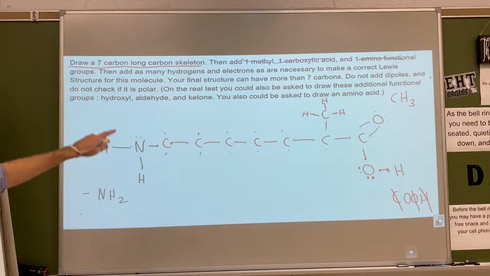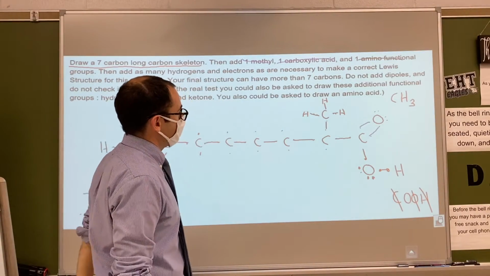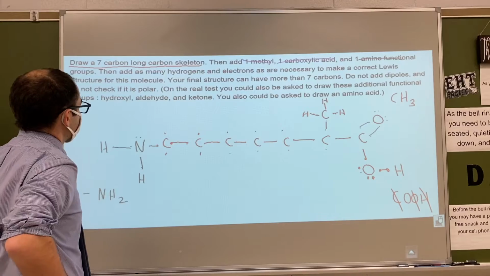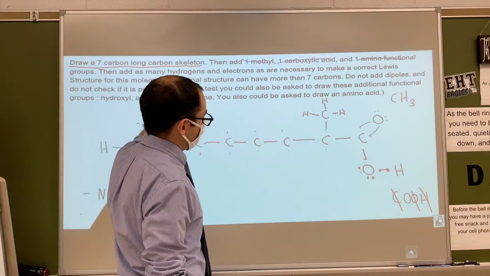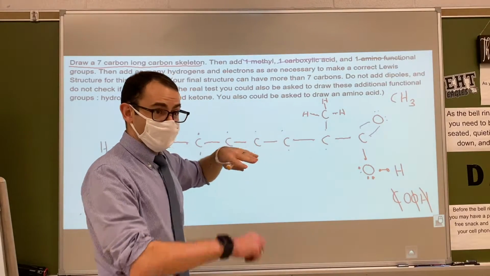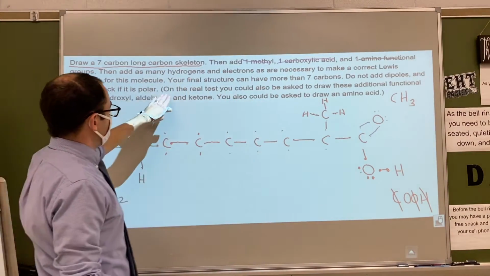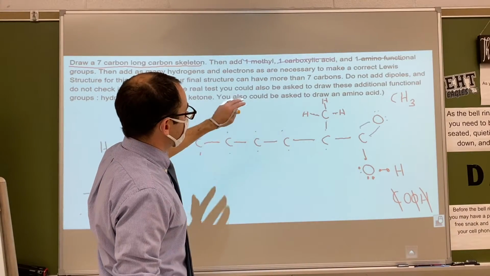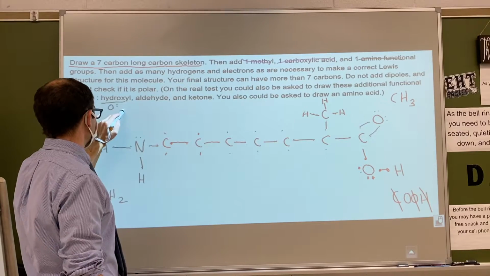Next step. It says, then add as many hydrogens and electrons as are necessary to make the correct Lewis structure for this molecule. Your final structure can have more than 7 carbons. Don't add dipoles. We're not going to figure out if it's polar or not. All right, none of that stuff. It says, on the real test, you could also be asked to draw these additional functional groups. So you do need to know a hydroxyl.